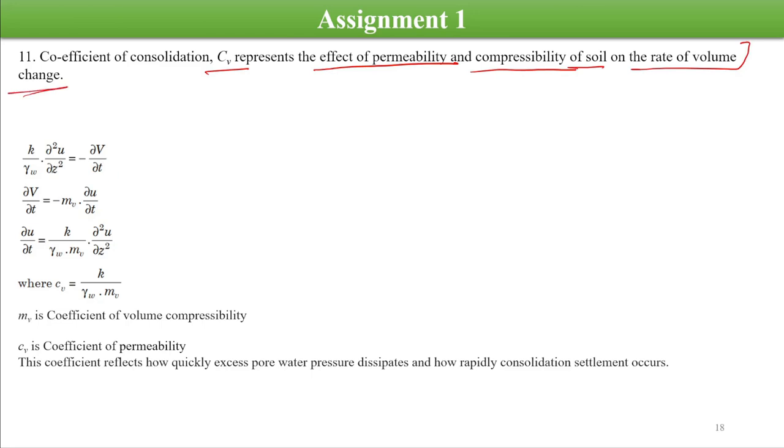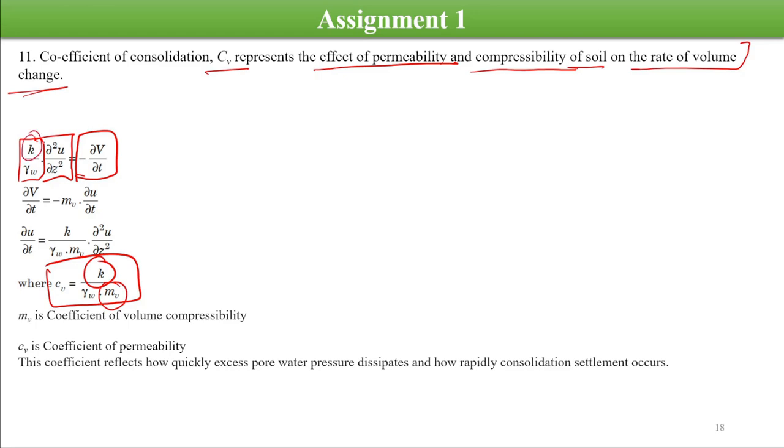If we take out the terms from the derivation of the one-dimensional consolidation equation, then we obtain that K upon gamma W multiplied by the second derivative of the pore water pressure is equal to the volume change in the sample that is happening. So CV is mainly dependent on the coefficient of permeability as well as the compressibility.